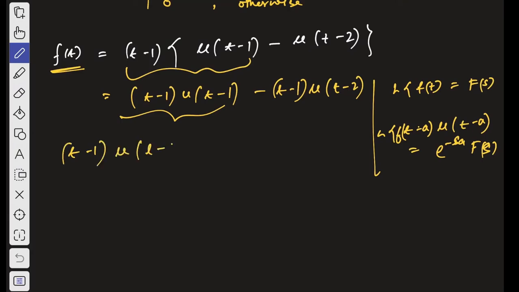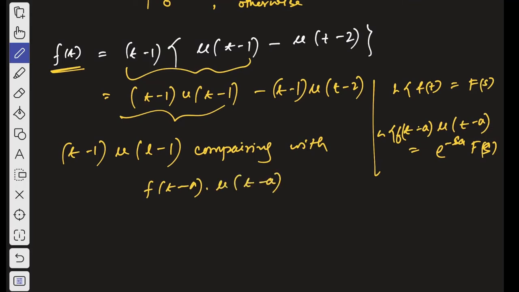t minus 1 into u of t minus 1, if you compare it with f of t minus a into u of t minus a, then what will you get?